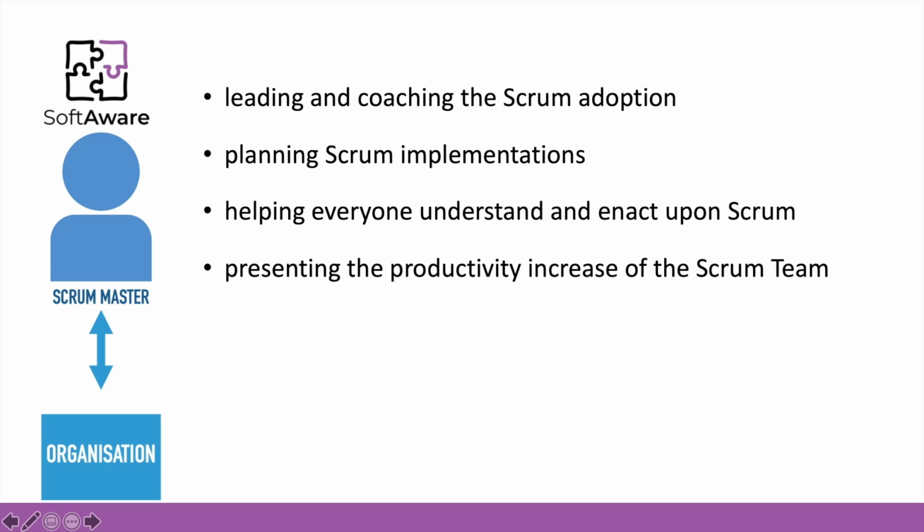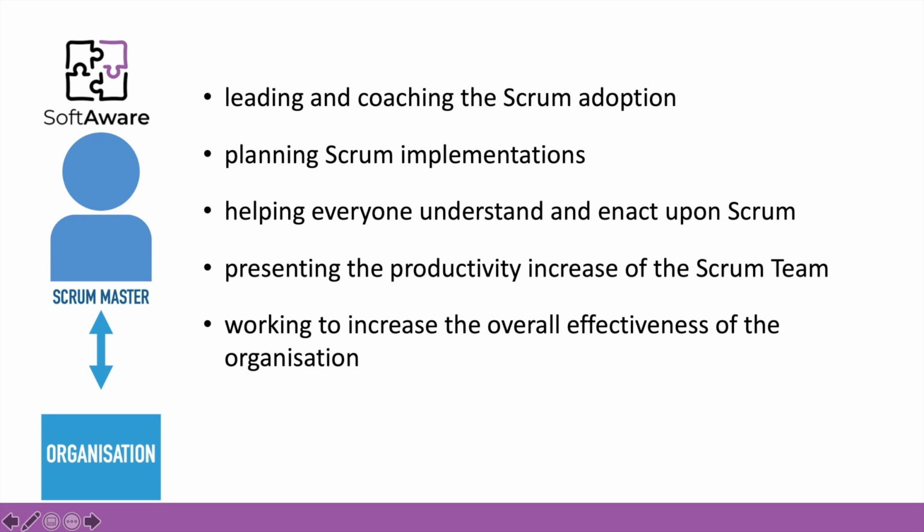The idea is to help everyone understand and act in the Scrum mindset and present the effective results of productivity and the way the productivity increases inside of a Scrum team. Scrum Masters always work to increase the overall effectiveness of the organization, and the idea is to present this clearly to the upper management.